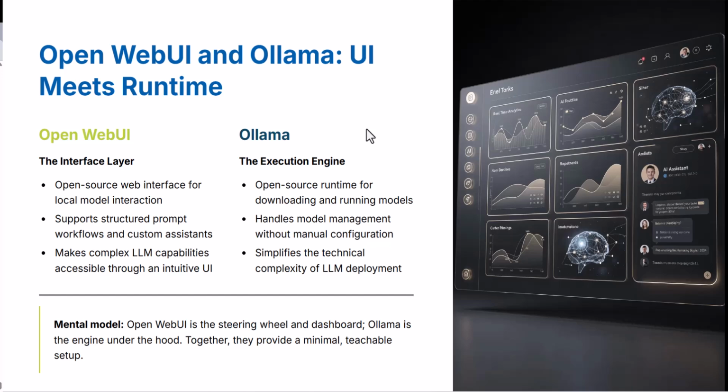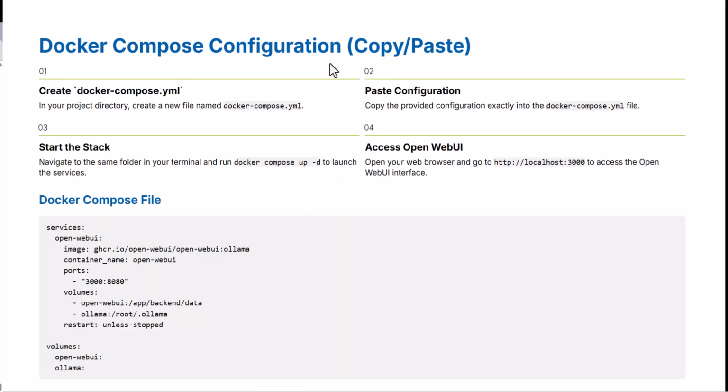We will start the system as a Docker container and access it in our browser at http://localhost:3000. The reason we use this approach is that Docker can run the application in a predictable way across different computers, and it also makes it easy to start and stop the system whenever you need it.